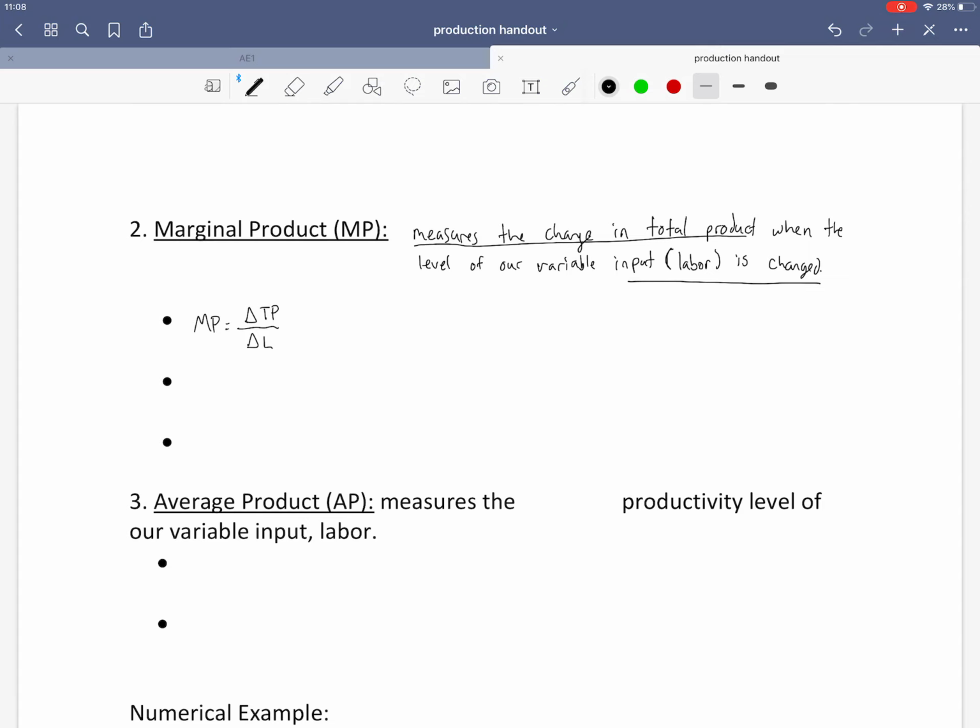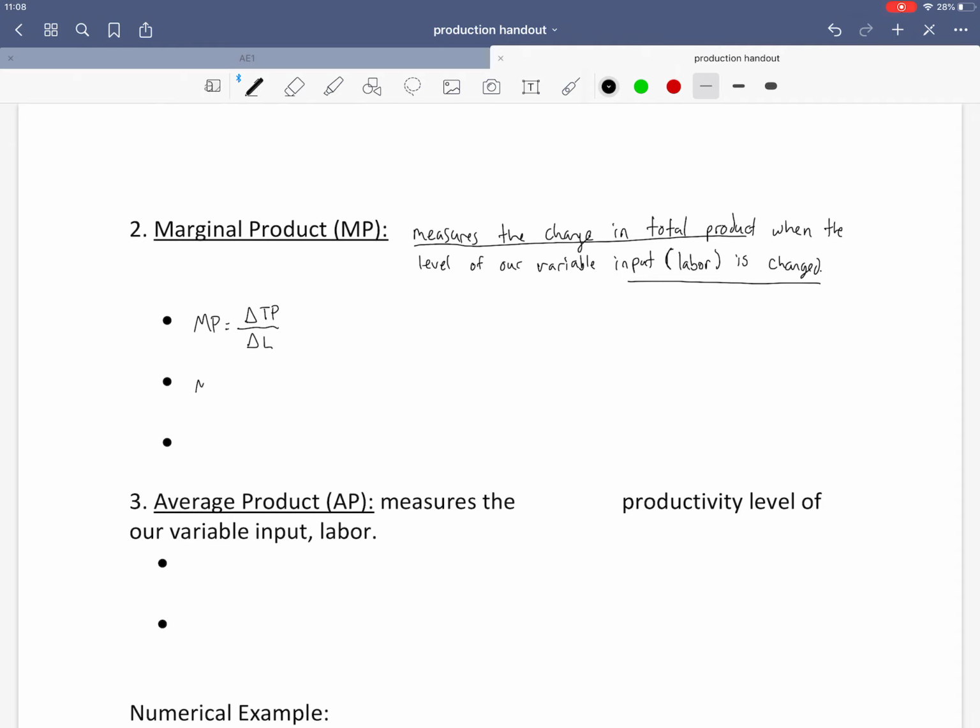So we can always find our marginal product by taking the change in total product divided by our change in labor. Now, marginal product is going to be very important because we're going to see that as we increase labor by 1 unit, we're going to see the contribution that each additional worker adds to the overall production process.